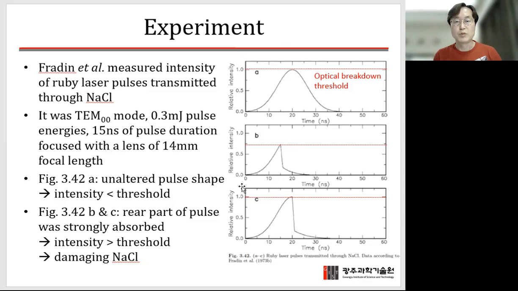However, when you look at B and C, you can see the rear part of the pulse was strongly affected. It should be the same as the top. However, you can see that at a certain time later, it basically goes down to 0. And here, it started a little bit late, but very quickly also goes away when the laser pulse was generated.